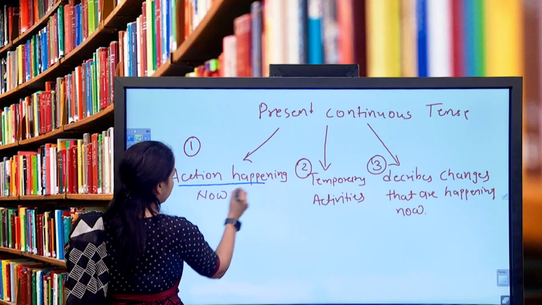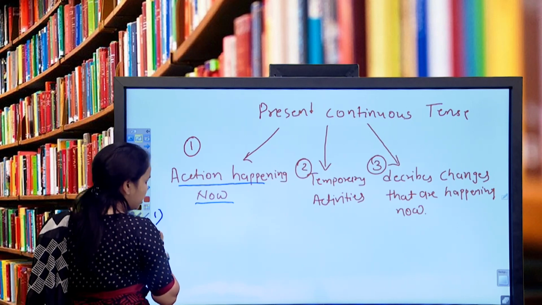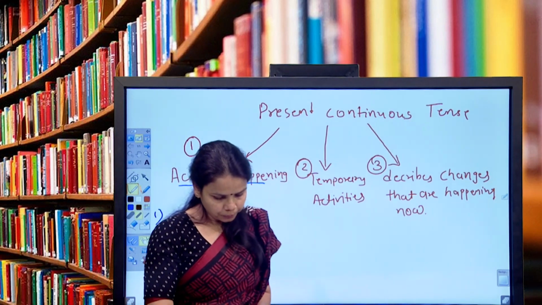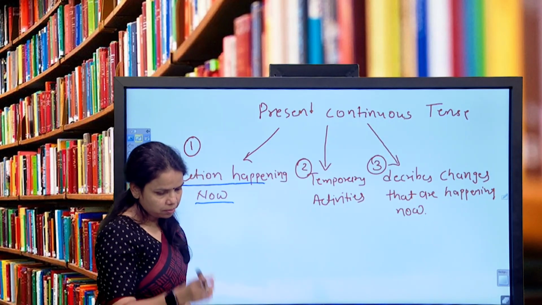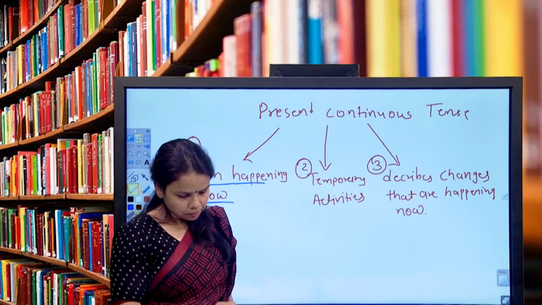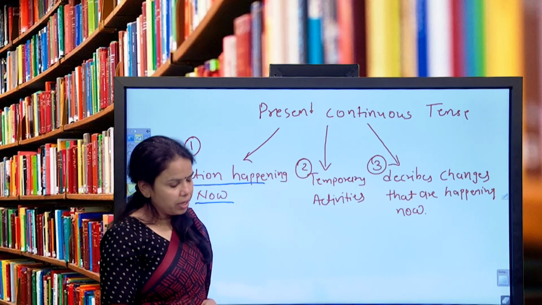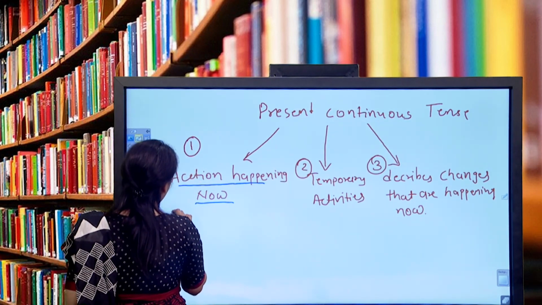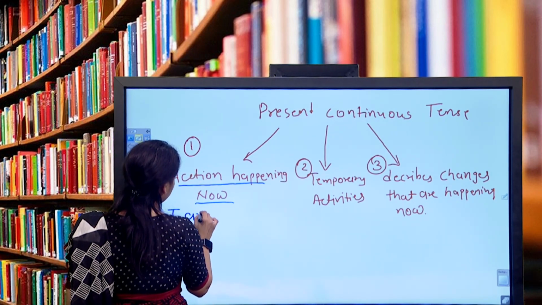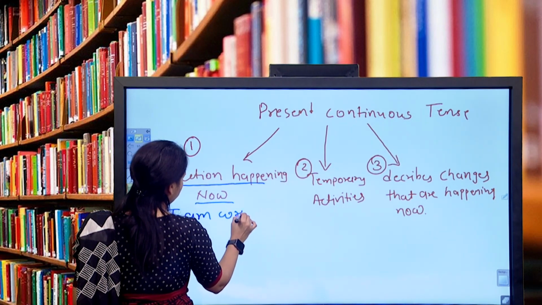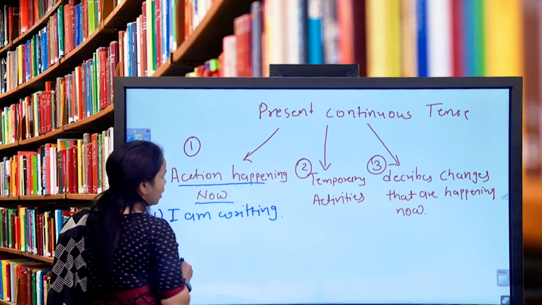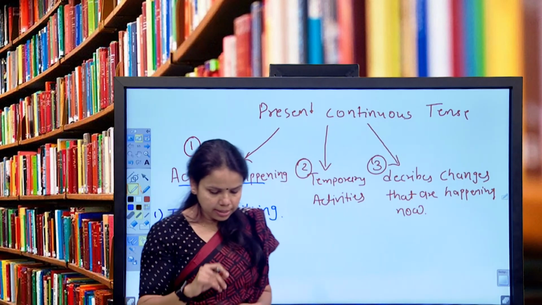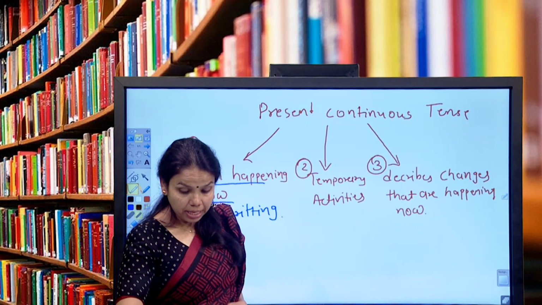Action happening now. The sentence is, we are having breakfast, or I am writing on a board, right? I am writing. Action happening now. Second sentence, temporary activities.